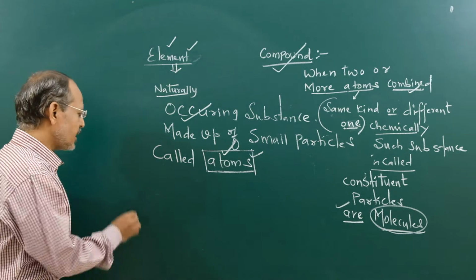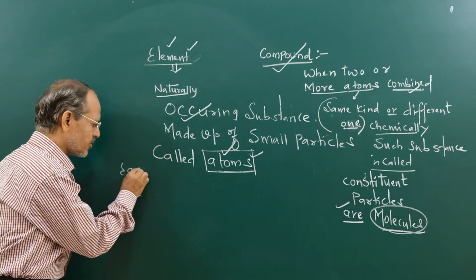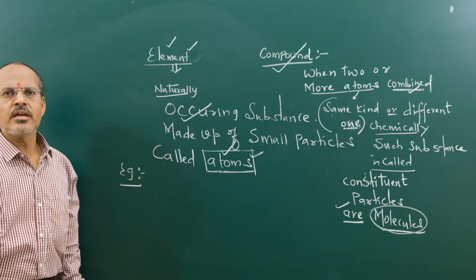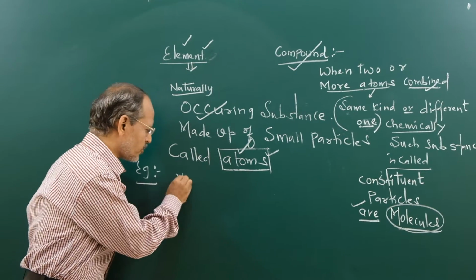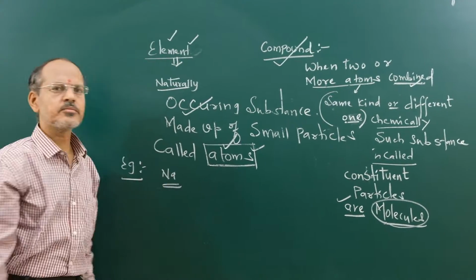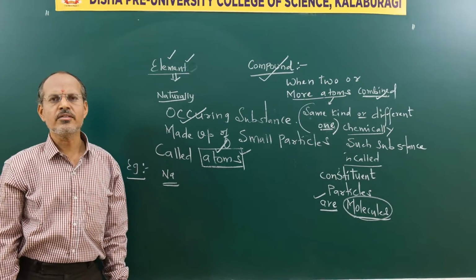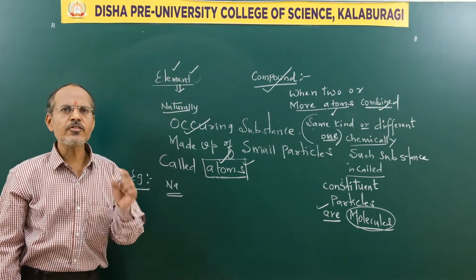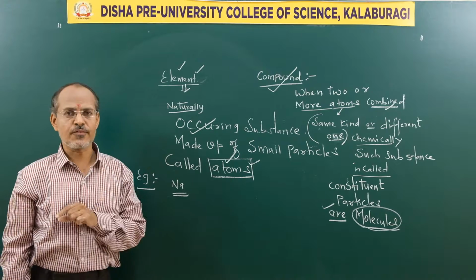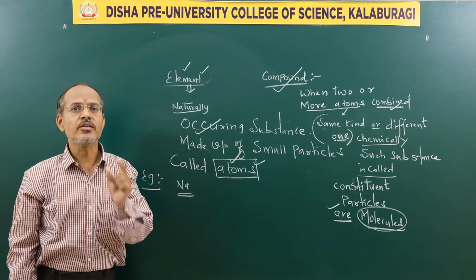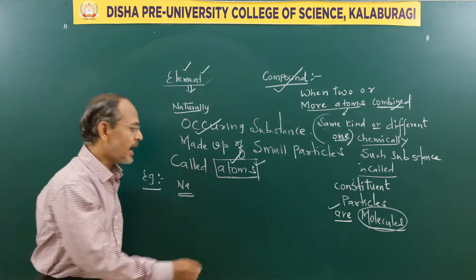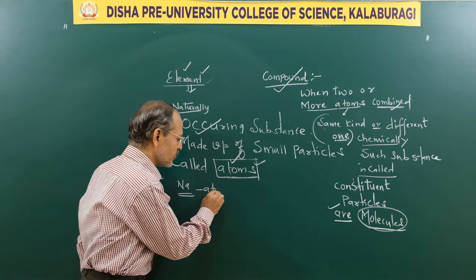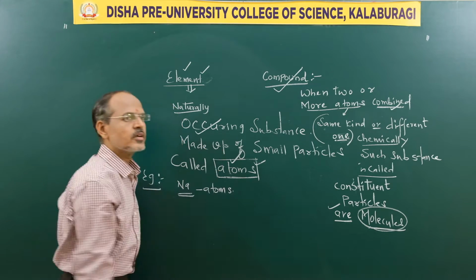Now we'll see the examples related to this. Here I can say sodium is an element. That means sodium is made up of sodium atoms.